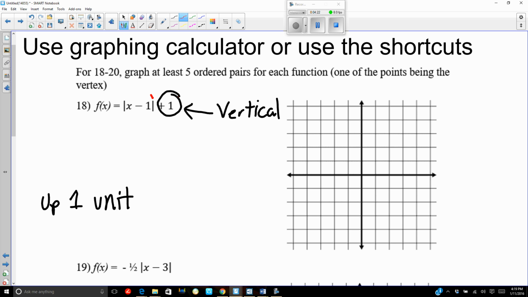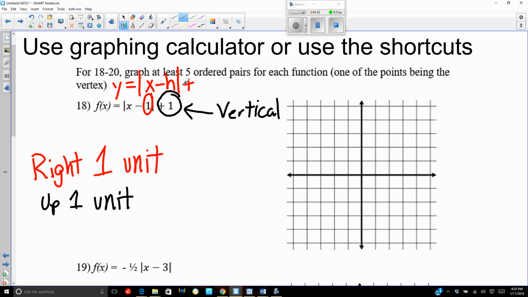The number on the inside, the formula is x minus something. So the value in there is actually just a +1. So that is actually going to shift us right 1 unit. Essentially does the opposite of what you think it would, because again, the formula, if you remember, this was the formula I gave you back in October.